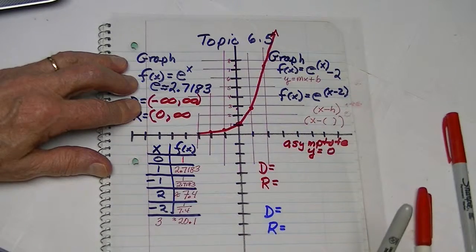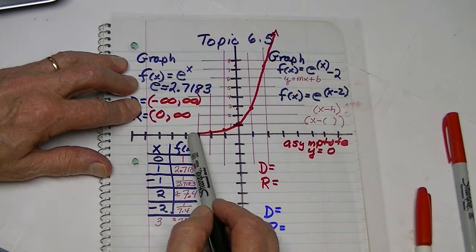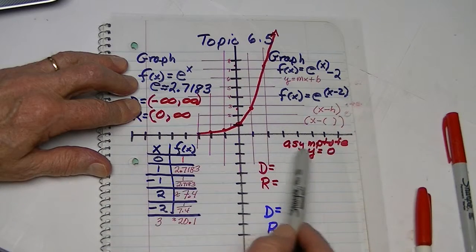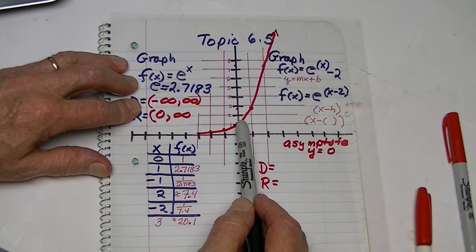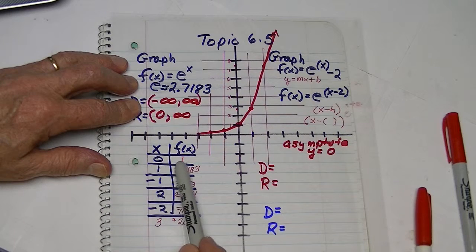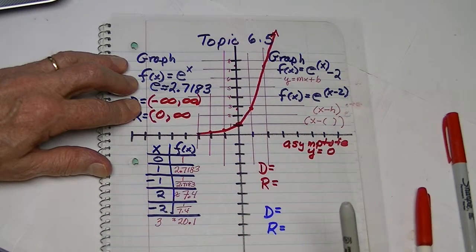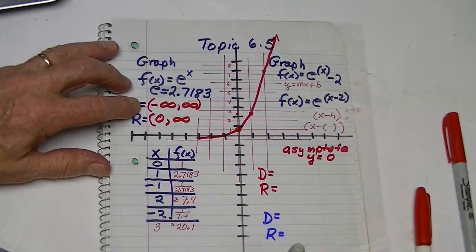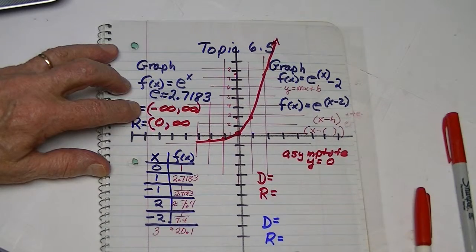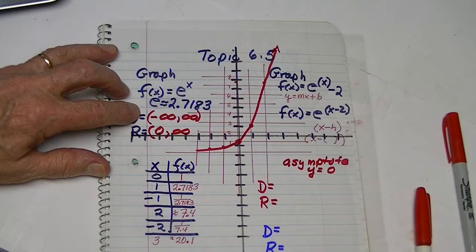shift downward 2 units. So remember, our asymptote was y equals 0 now, and it does go through 1 here, as we've indicated here. We're now going to shift this down 2 units. So there is shifting it down 1 unit, and now we're shifting it down 2 units.